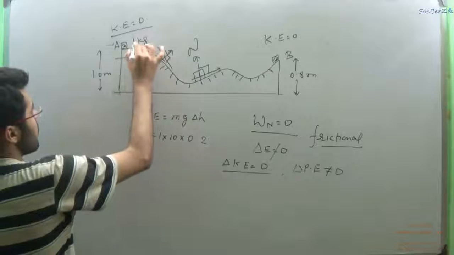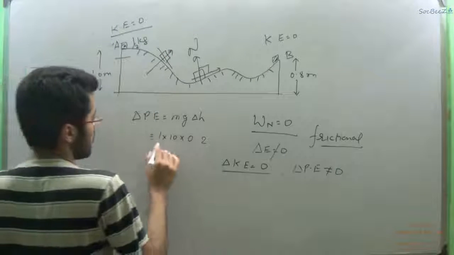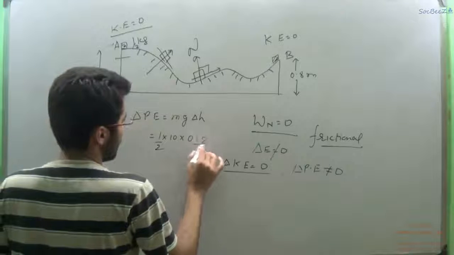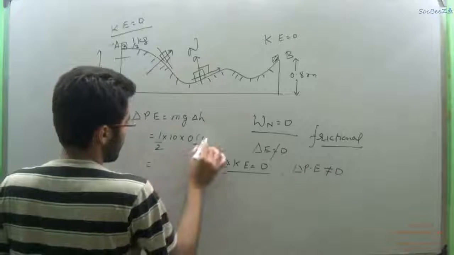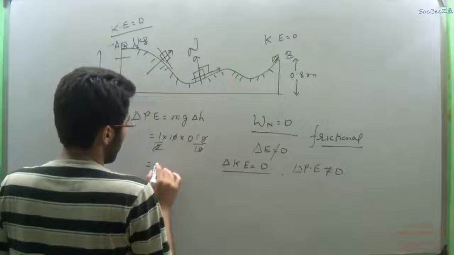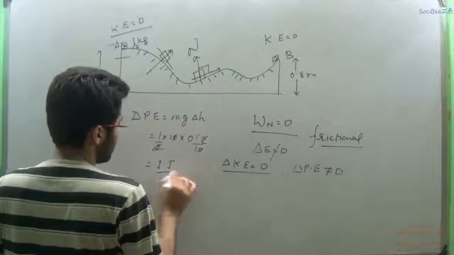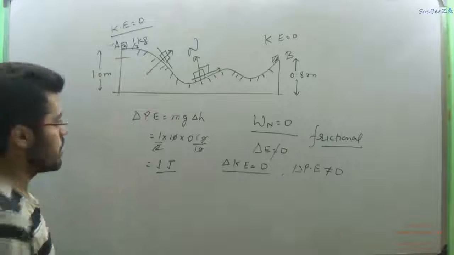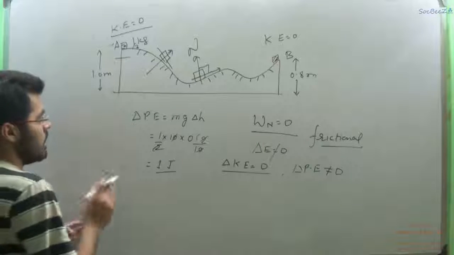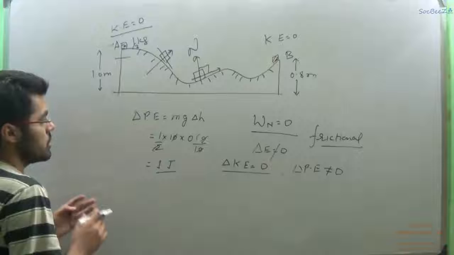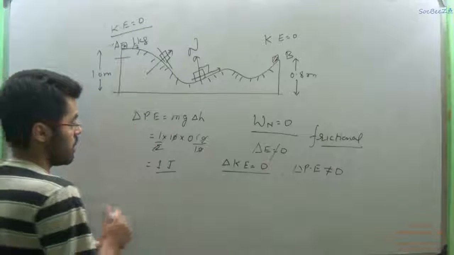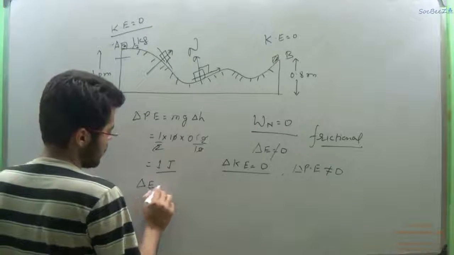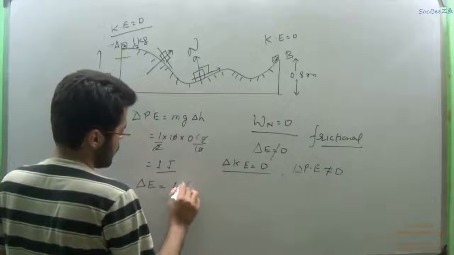Let's make it easy, let's say half kg. In that case, del P is 1 joule, if this object is half kg. Now del P is 1 joule. It means the potential energy change is 1 joule and kinetic energy change is 0. It means del E is also 1 joule.